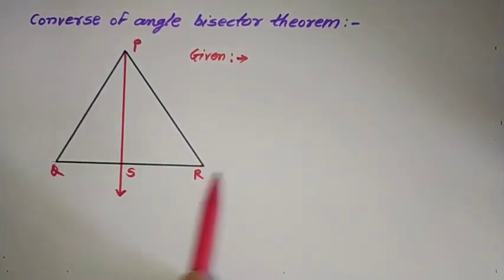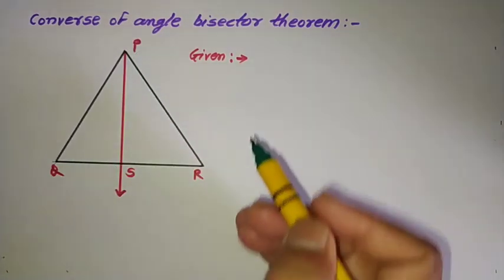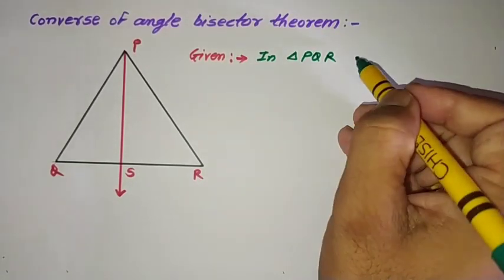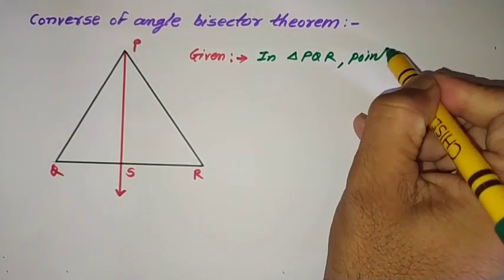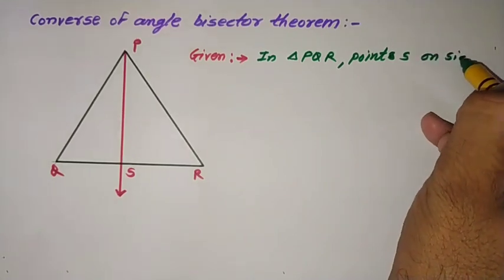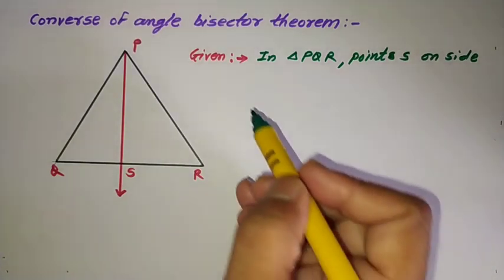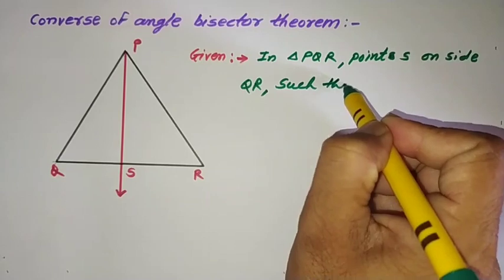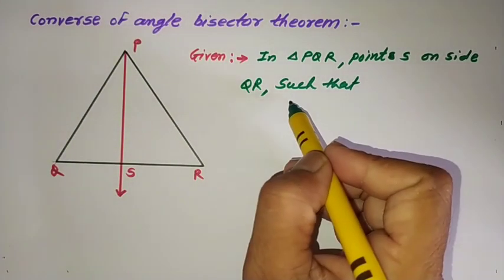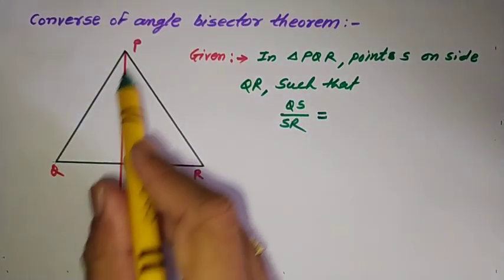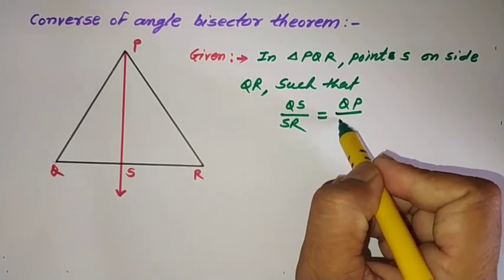In this converse, given: in triangle PQR, point S on side QR such that QS upon SR is equal to QP upon PR.